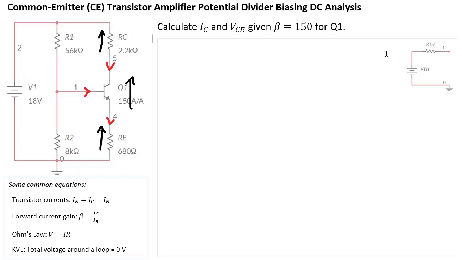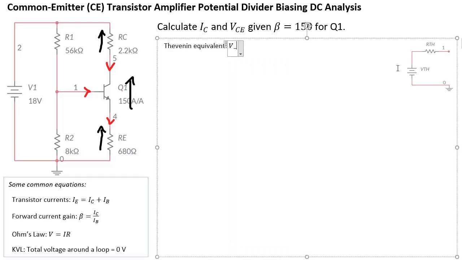First of all, let's work out the Thevenin equivalent, VTH and RTH. The calculation for VTH is basically a potential divider. It's going to be V1 times what's across R2, so just R2 divided by R1 plus R2. So that's our VTH.